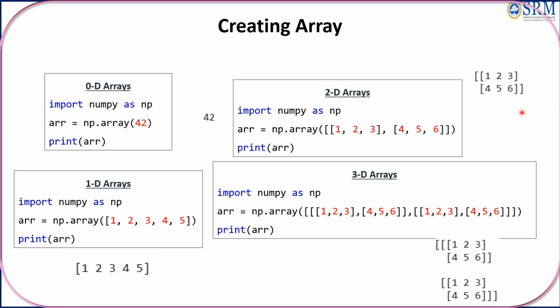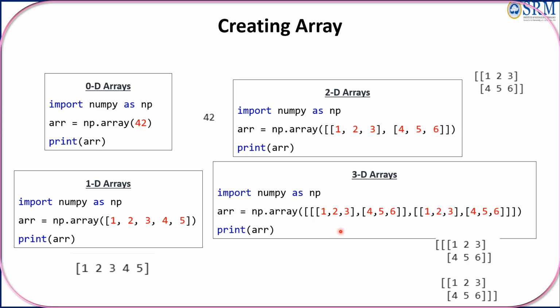Moving on to the two-dimensional, we will have the output like this. 2 rows and 3 columns have been created here, and to create that we give the array function, and inside it we give the values in a square bracket, put a comma, and then give another set of values in the next square bracket, enclosing everything in a single square bracket.